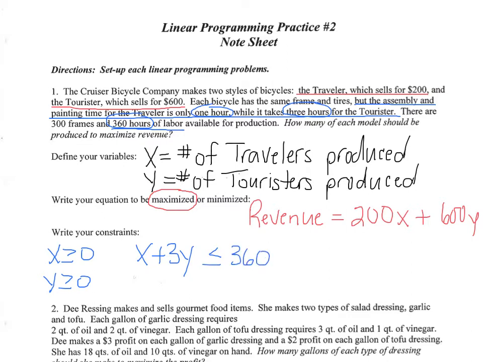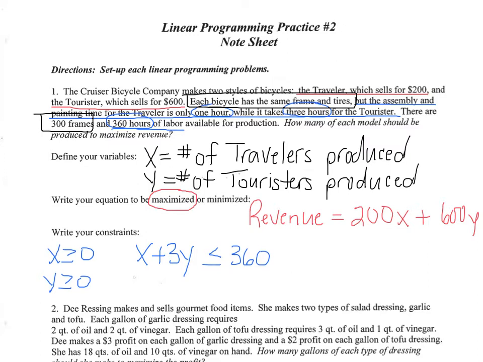Let's try to set up the last one. There are 300 frames, and each bicycle, it says here, has the same frame and tires. So frame and tires, and you can assume frame and tires mean the same thing.